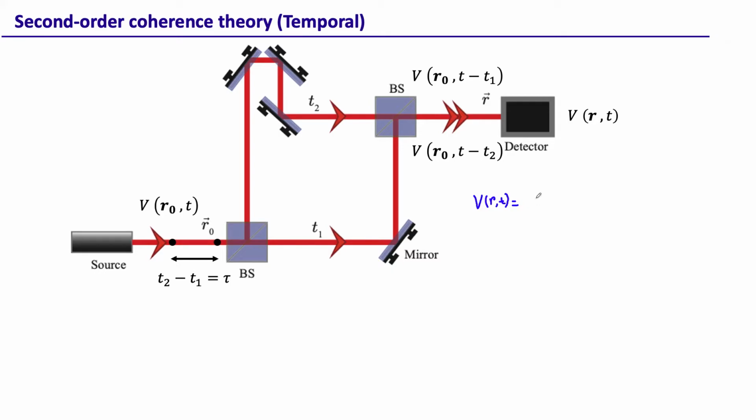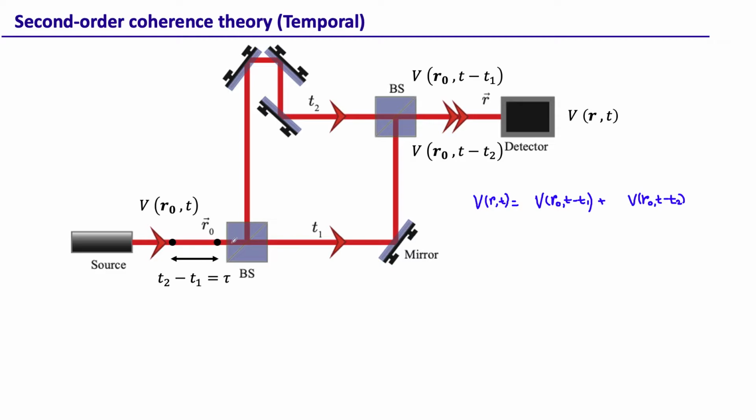One is V coming from the first term, which is R naught. This is the field at R naught, at the origin, at time t minus t1, and then we have the other component, which is V again at R naught, but at a different time, which is t minus t2.